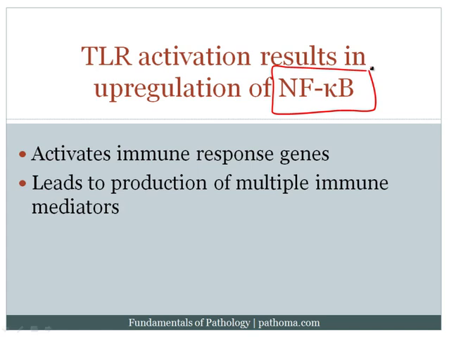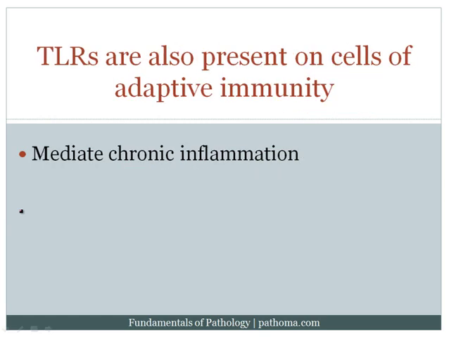So the toll-like receptor gets activated, which then results in upregulation of NF-kappa B, and NF-kappa B is a molecular switch which turns on the acute inflammatory response. Once NF-kappa B is generated, that activates multiple immune response genes, which then leads to the production of multiple immune mediators. So this becomes very high yield.